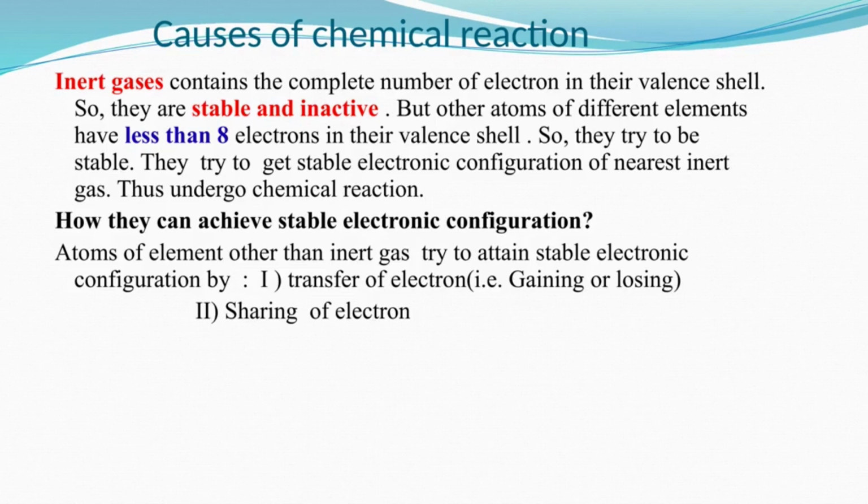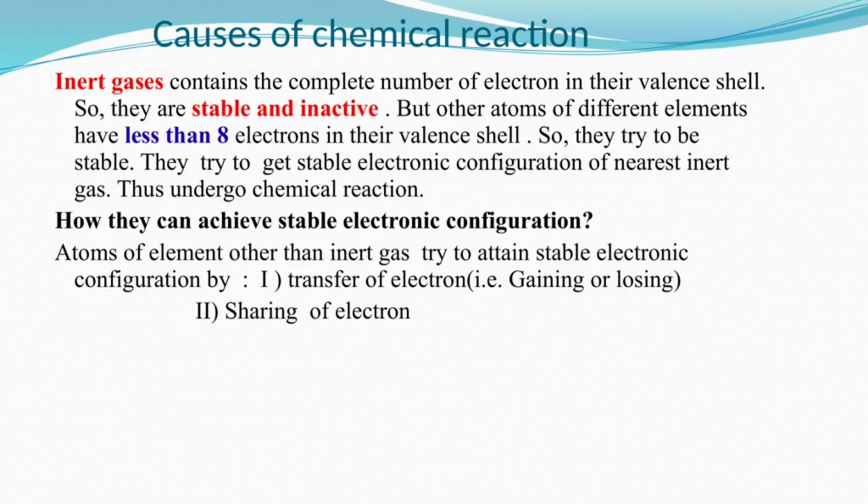Thus they undergo chemical reaction. Now, the question comes, how will they achieve that stable electronic configuration? Okay. The answer is, atoms of elements other than inert gases try to attain the stable electronic configuration in two ways.